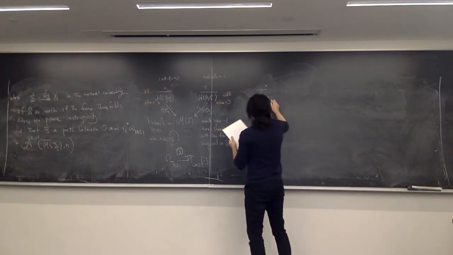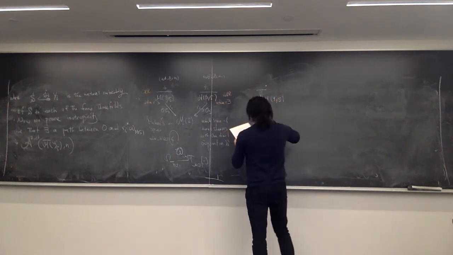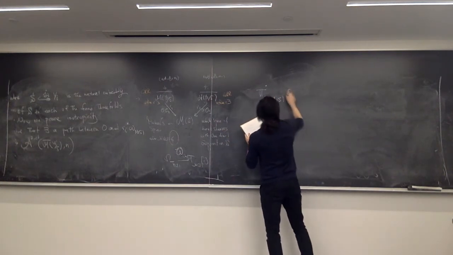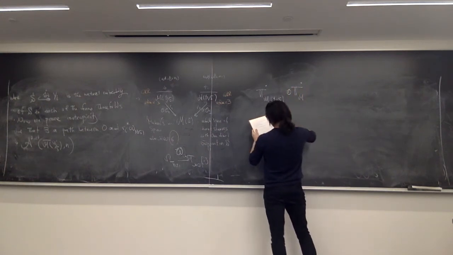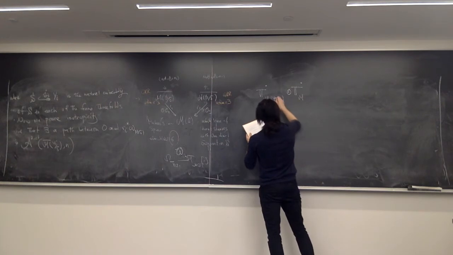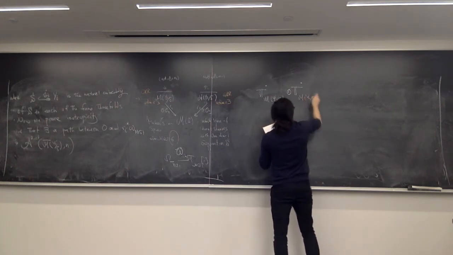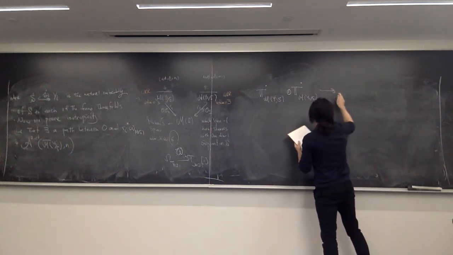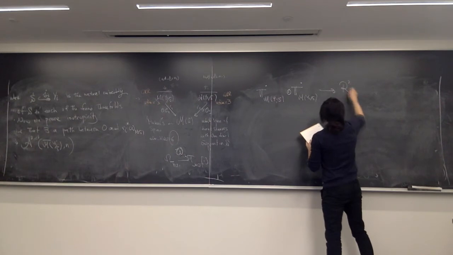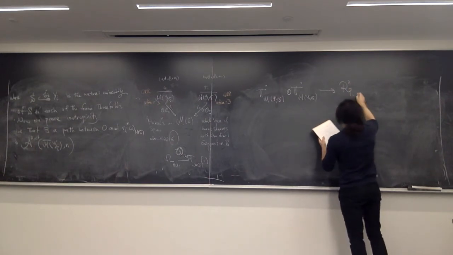We know that there is a form in here, Y_i, again Y_i, like that. On each one of the relative moduli spaces, there is a form from here to here.